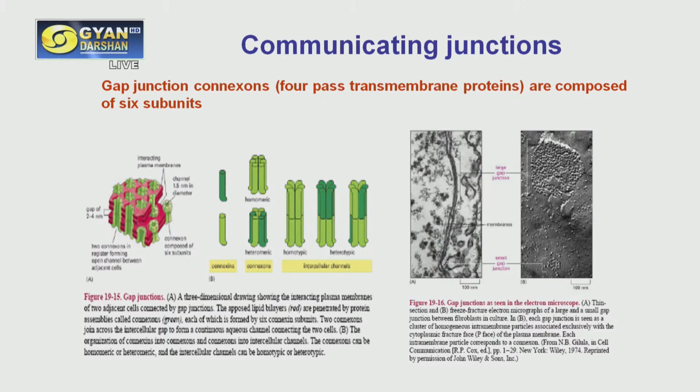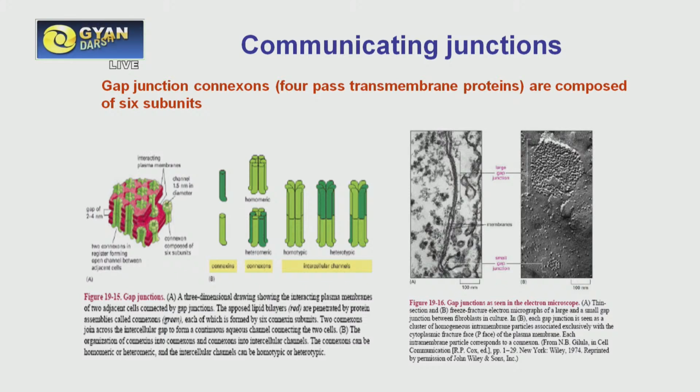Now next we see what these gap junctions are composed of. Again, these gap junctions are composed of certain proteins. The name of that protein is connexon, and this connexin is a 4-pass transmembrane protein. That means it spans across the membrane 4 times.